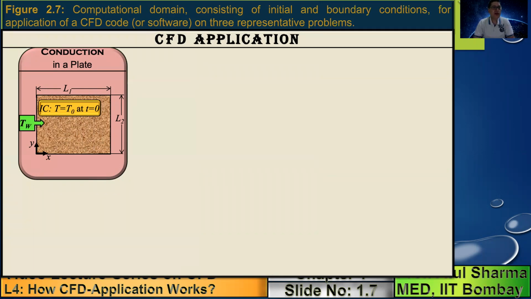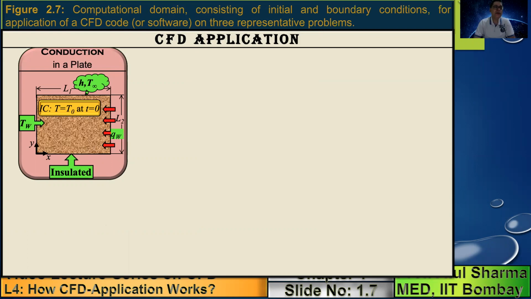Now in this problem, the boundary conditions are such: the left wall is maintained at constant wall temperature, the bottom wall is insulated, the right wall has constant heat flux, and on the top wall you have a convective heat transfer boundary condition. So this slide shows the various types of boundary conditions that are commonly encountered, such as constant wall temperature, insulated, constant heat flux, and convective boundary conditions.